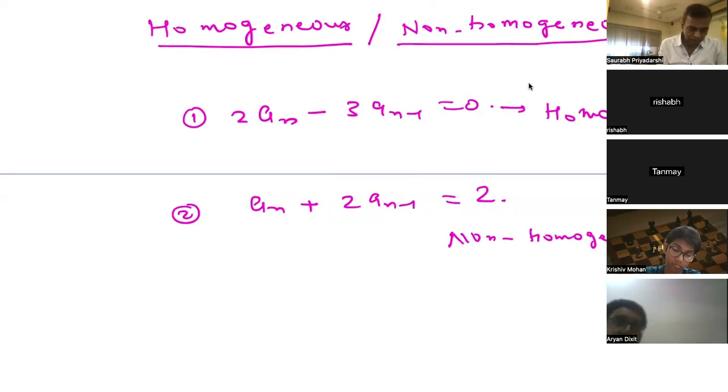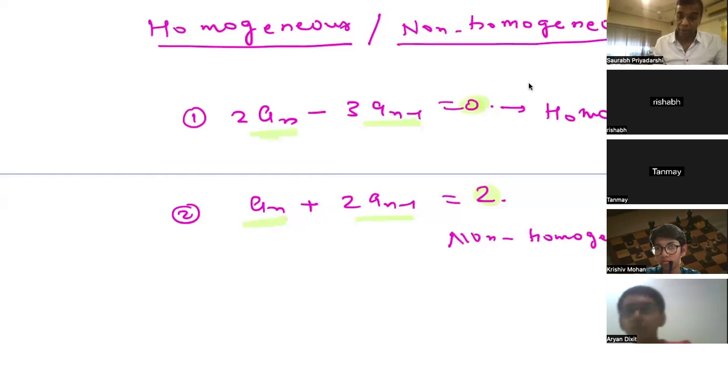Because the degree, this having one degree, this having one degree, and I'm equating with 0. But in this case, these two having the same power, but this term having power 0, right? The constant term is coming, so this is called non-homogeneous.